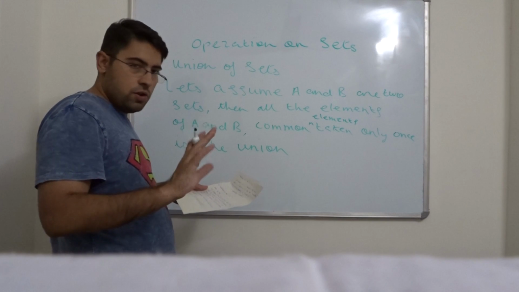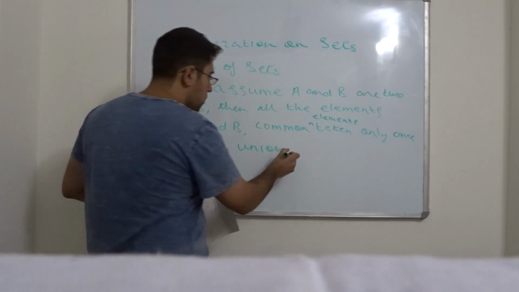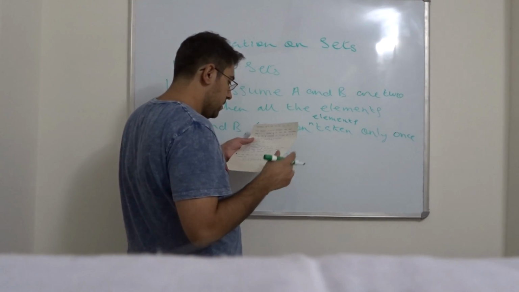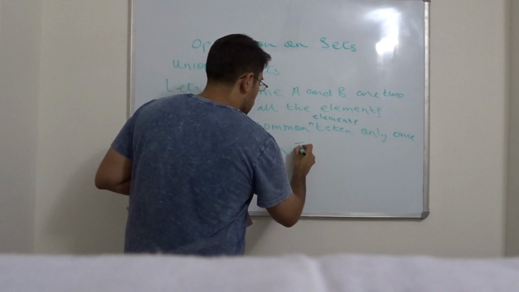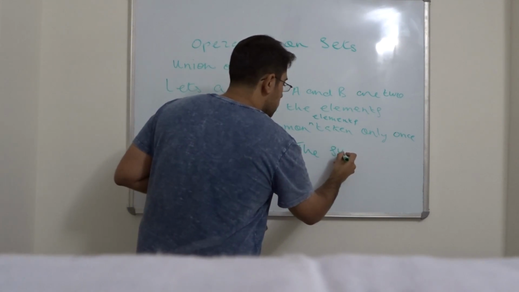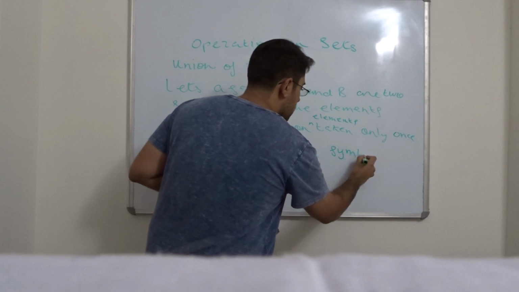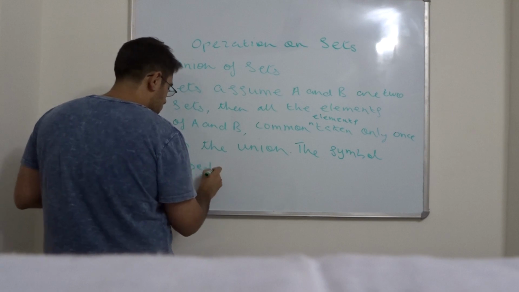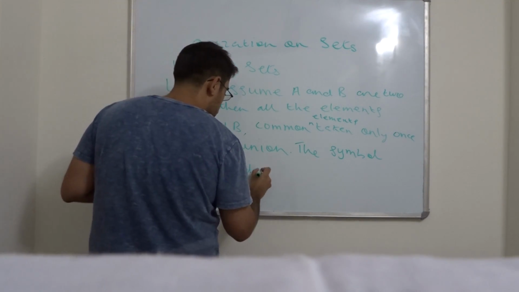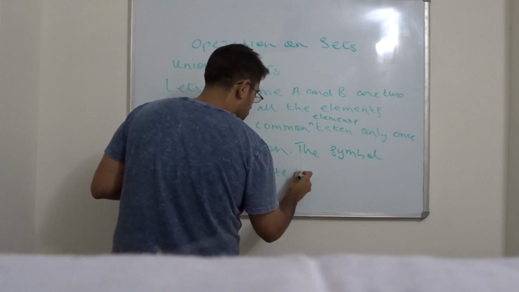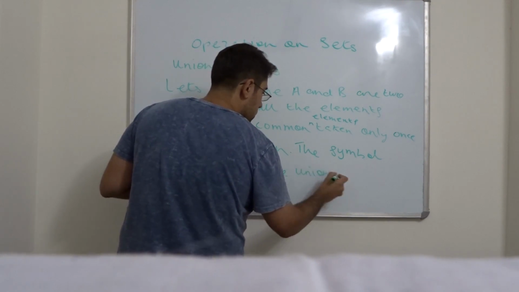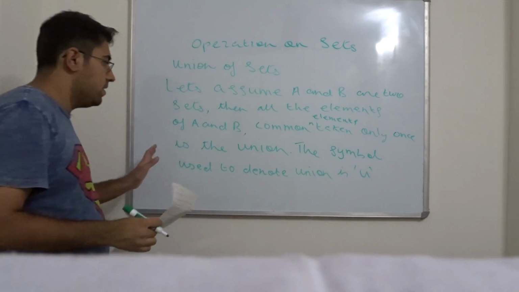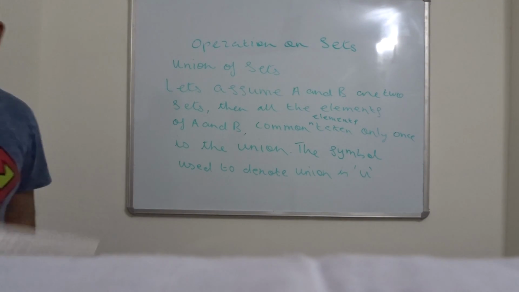Now don't worry. If you don't understand what this is right now, you will understand very soon. The symbol used to denote the union is U. It's literally the alphabet U. I hope you can see it here.